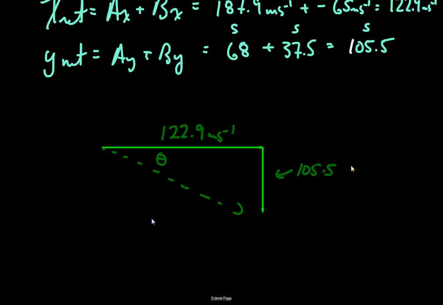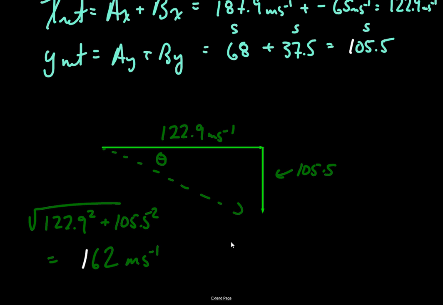So we're going to find the sum of that as the hypotenuse of a right angle triangle. And then the angle, theta, is found as the inverse tan of the opposite over the adjacent. So this gives you about 41 degrees here.